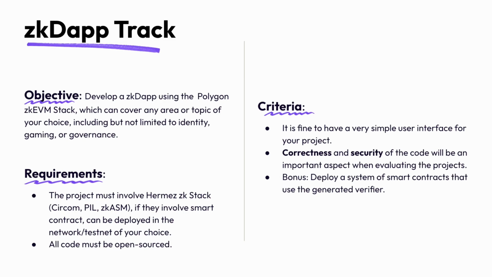And we will measure a little bit how secure your dApp is, and if it makes sense and so on. And of course, if you end up having an end-to-end flow, it will be much better. And well, the code must be open source for sure. And in the case of smart contracts, you can deploy it on whatever testnet. Just share us the link and that's it.